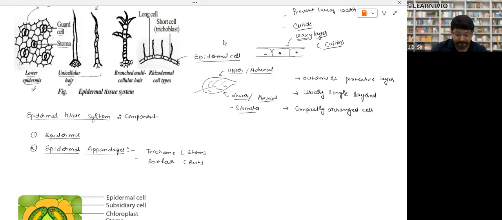Cells contain a large central vacuole and a thin protoplasm layer, right? Thin protoplasm layer.